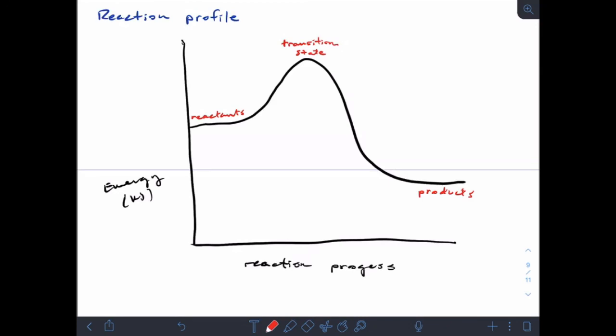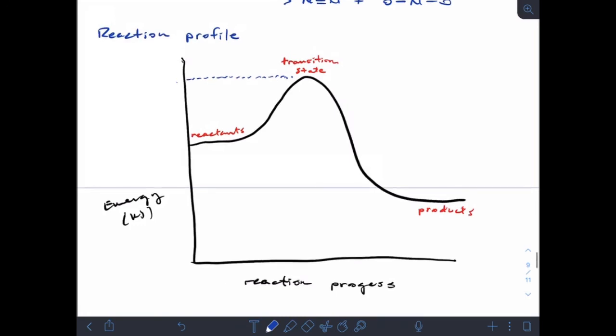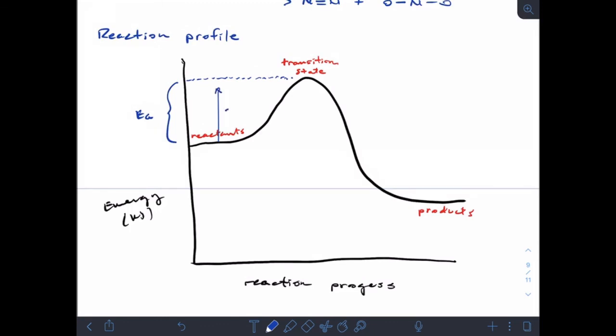Some of the other things that this graph tells us are the activation energy. From the initial point to the top of the transition state, that's the activation energy, and let's say that it has a value of 209 kilojoules. We also know the difference in energy from the transition state to the products. That has a value of 348 kilojoules.